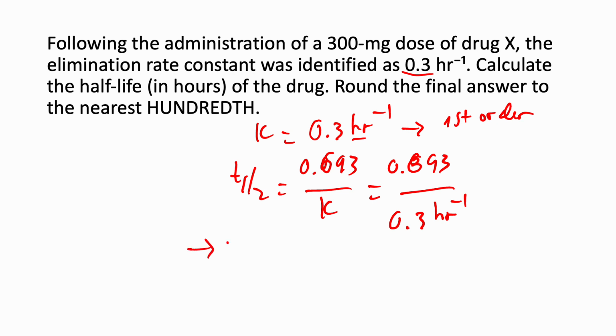So the half-life will be equal to 0.693 divided by 0.3, which is 2.31 hours. The question asks you to round the final answer to the nearest hundredth. It's already at the nearest hundredth with the value 2.31 hours, so you don't need to do anything.